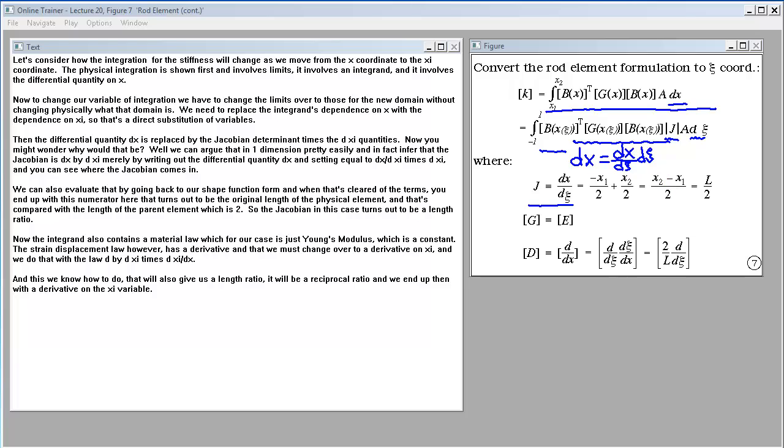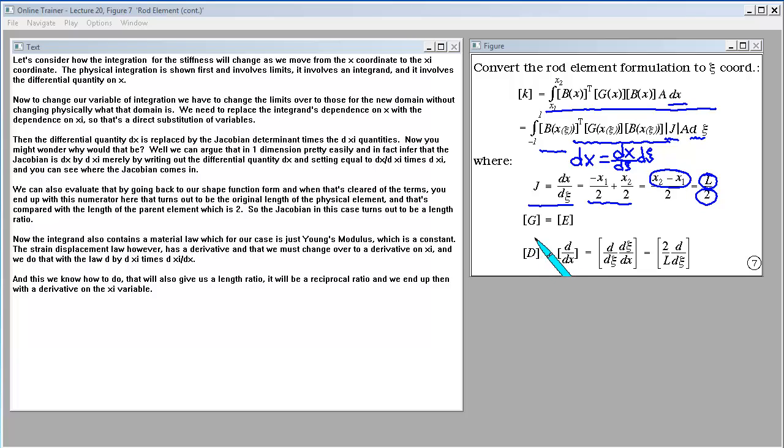We can also evaluate that by going back to our shape function form, and when that's cleared of terms, you end up with this numerator here that turns out to be the original length of the physical element, and that's compared with the length of the parent element, which is 2. So the Jacobian in this case turns out to be a length ratio.